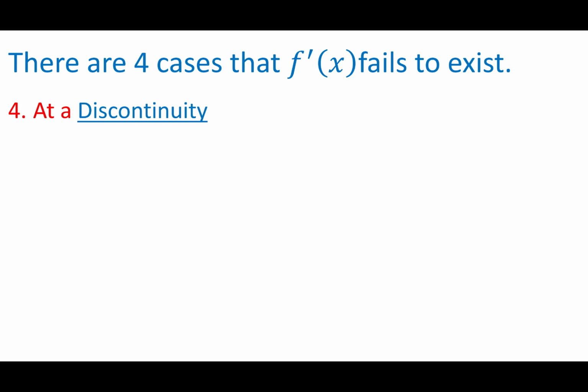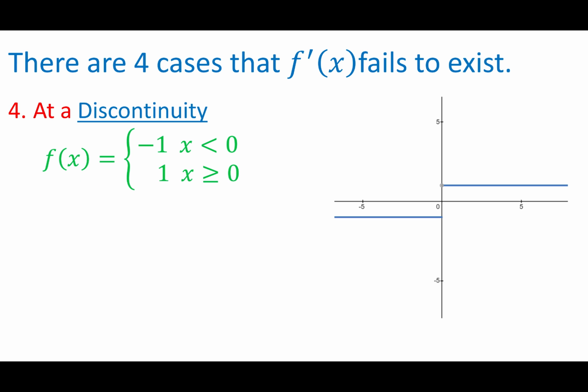And then the last one is if you have a discontinuity. Okay, if there's any discontinuity in your graph, you no longer have a continuous function anyway. Okay, you can't find the derivative at a point that's undefined. So for example, if I graphed a simple piecewise function that says it's -1 for values of x less than 0, and then it's +1 for values of x greater than 0.